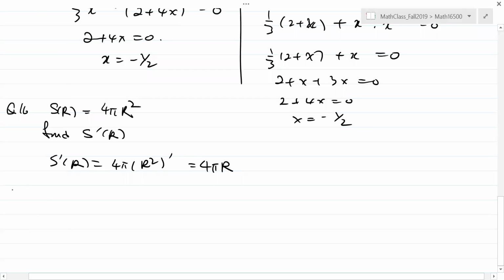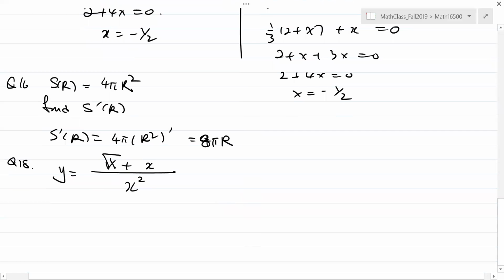Right? 18. Shouldn't that be 8 pi r? Yeah, 8. You're right. You see? I lost a point here. 99 this time. This is a proof, right? I cannot get 100% on this test.